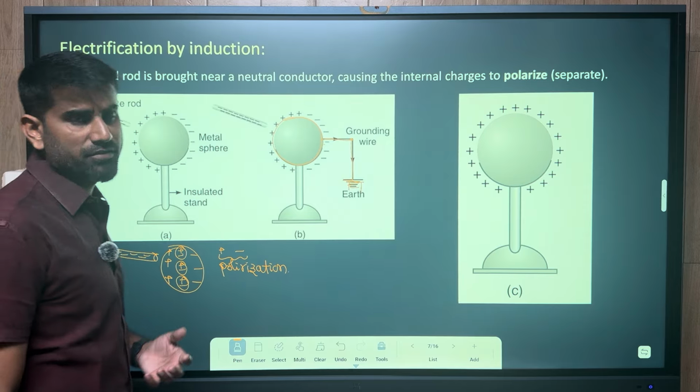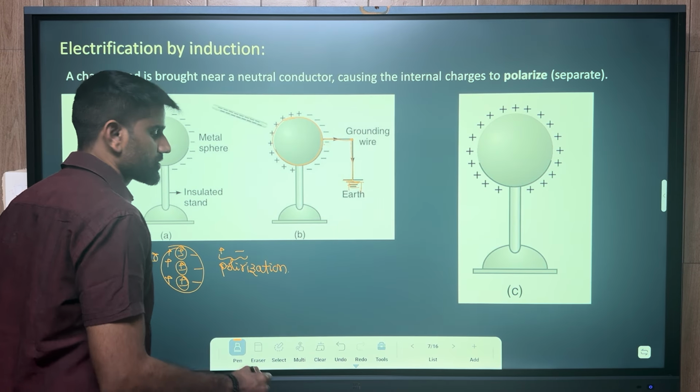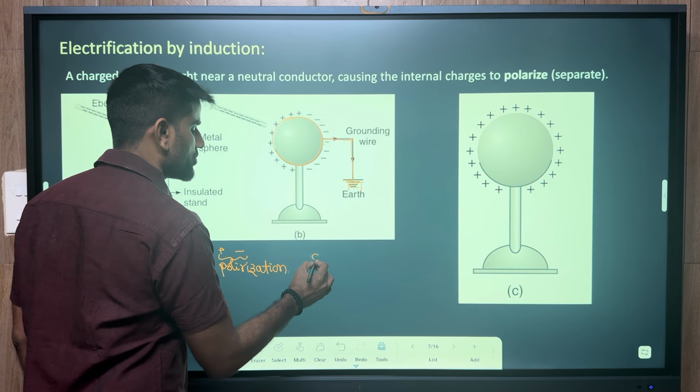We will experience this formula in the capacitors concept, but anyhow I am going to mention it here.